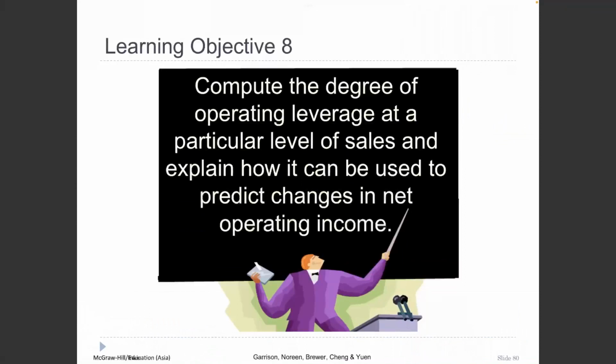Okay, so the last one is the degree of operating leverage. Compute the degree of operating leverage at a particular level of sales and explain how it can be used to predict changes in operating income.